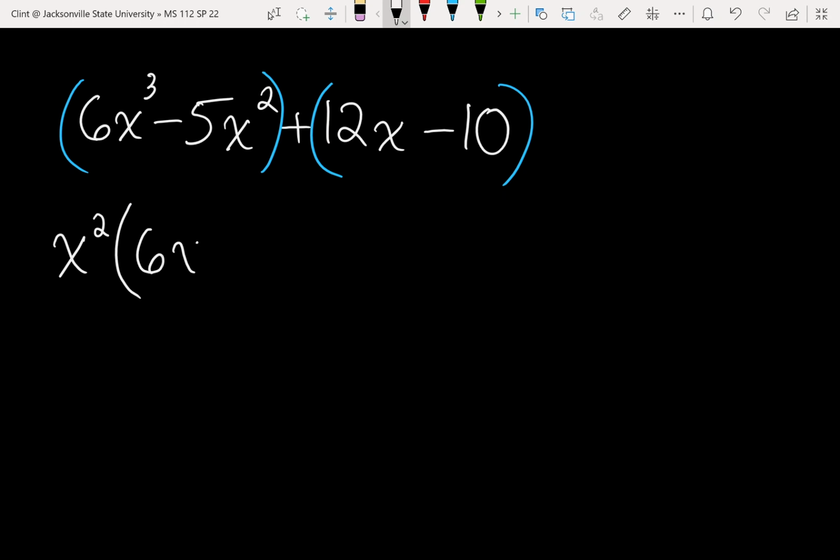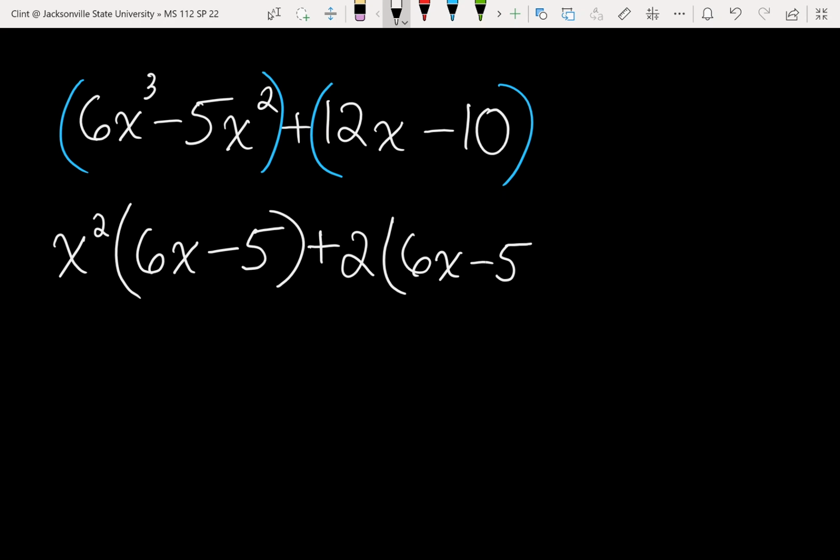And that leaves us with 6x minus 5, and it's plus. Second group, thing in common? 12x and 10, yeah, for sure we've got a 2. 2, and I think that's the biggest one, so let's try it. 6x minus 5.